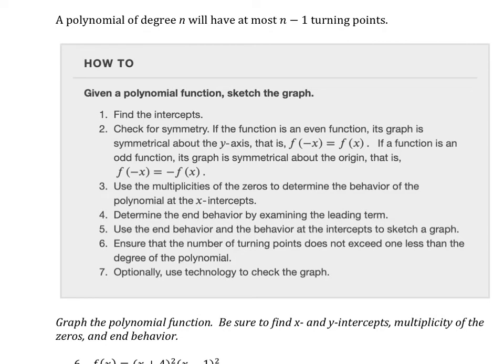I usually skip that one and look at number 3, use multiplicities of zeros to determine the behavior of the polynomial at x-intercepts. Determine the end behavior, use the end behavior and the behavior at the intercepts to sketch a graph, and then ensure the number of turning points does not exceed 1 less than the degree of the polynomial. Okay, so let's do that.